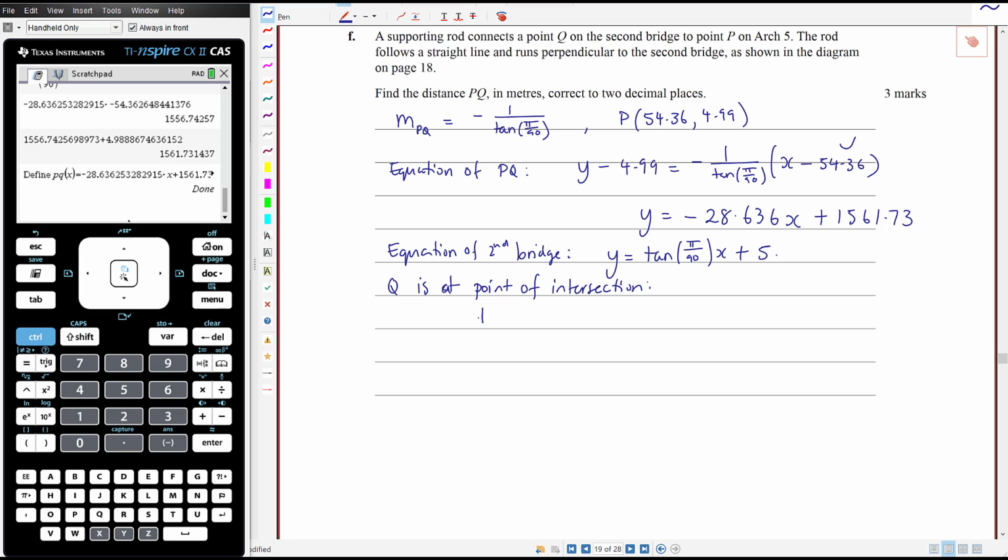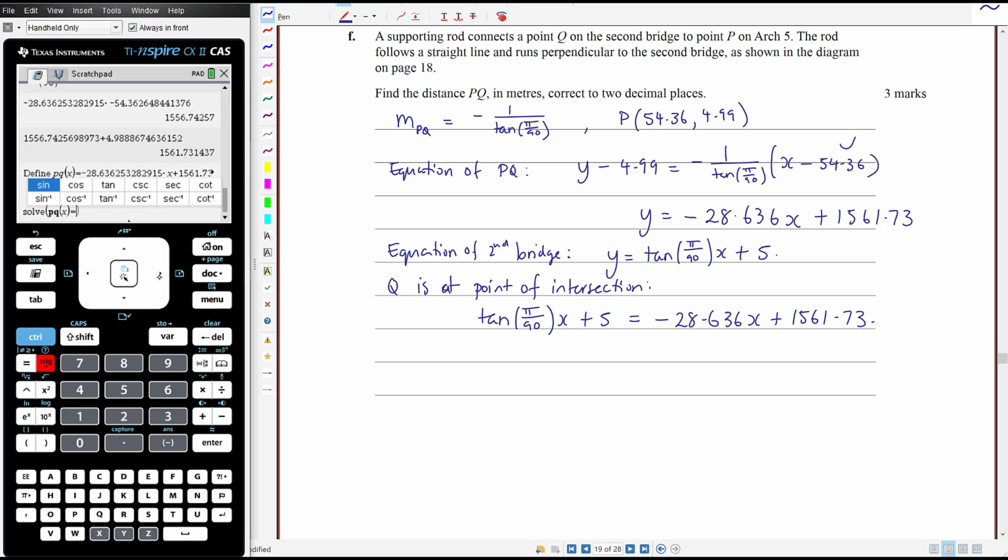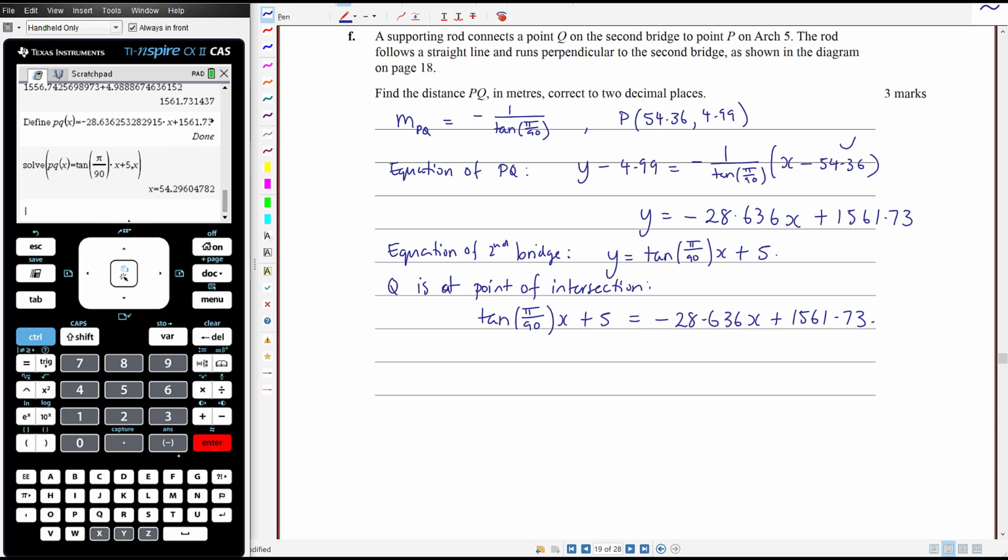Okay, so that is when tan of pi on 90 x plus 5 is equal to negative 28.636x plus 1561.73. So I'm going to solve PQ of x, which is my line I've defined, equal to, I haven't defined the other one, so I'll type that one in. Tan of pi on 90 times x plus 5. Solve that for x.